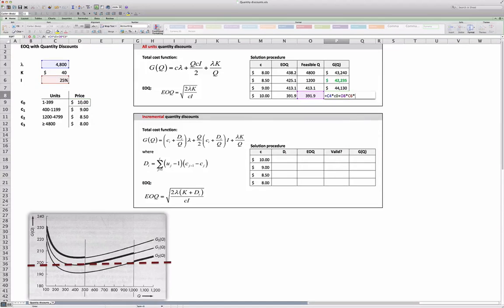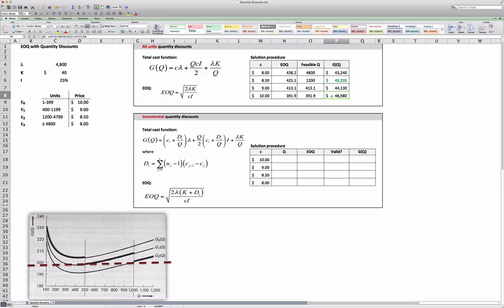So I hope you see what we did here as we simply went through the basic EOQ procedure first. We computed the EOQs and then asked ourselves, are these EOQs actually feasible? And by asking this question, we simply mean, will I get this respective unit price if I choose the order quantity?